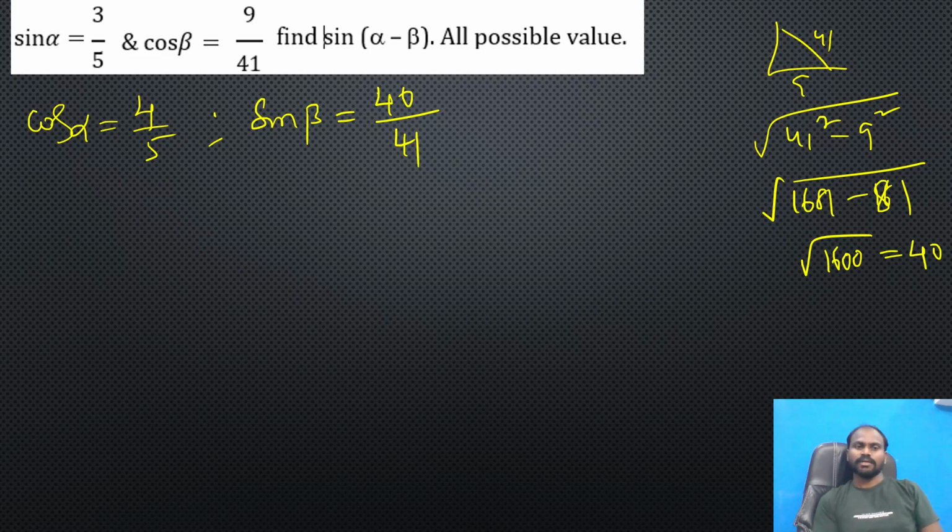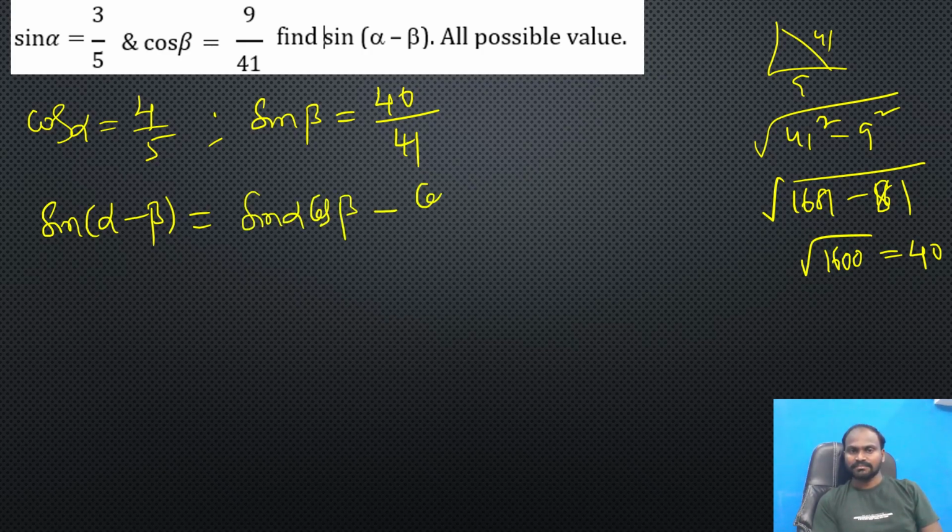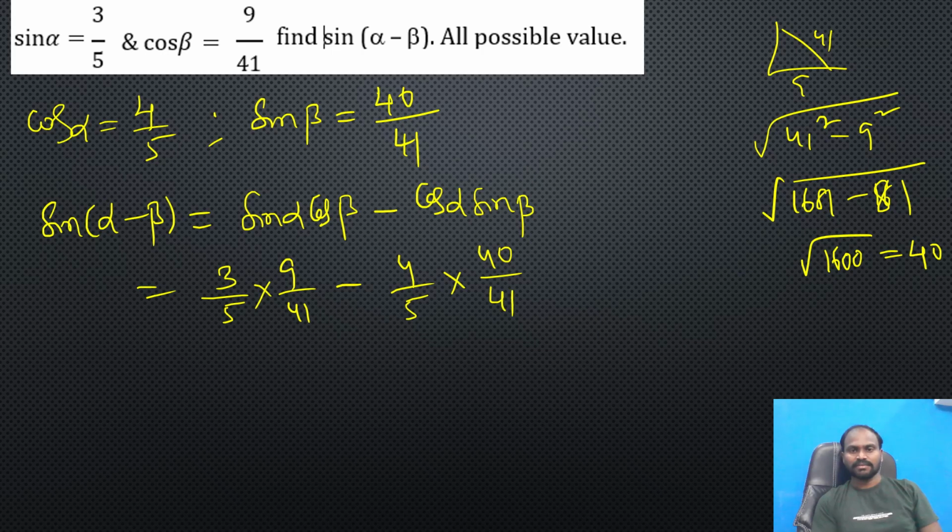That's it. Now what is the question? Sine of alpha minus beta. Just sine of a minus b. So sine a cos b minus cos a sine b. So sine alpha is 3 by 5 into cos beta is 9 by 41, minus cos alpha is 4 by 5 into sine beta is 40 by 41.